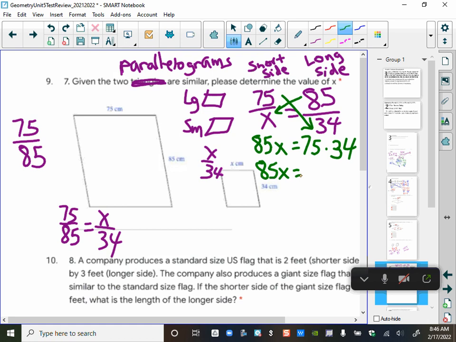Okay. What do you think you get? X equals 30. Agree or disagree with the 30? Agree. That's right. It is 30. Very good. 75 times 34 was 2550. And we have to divide both sides by 85.